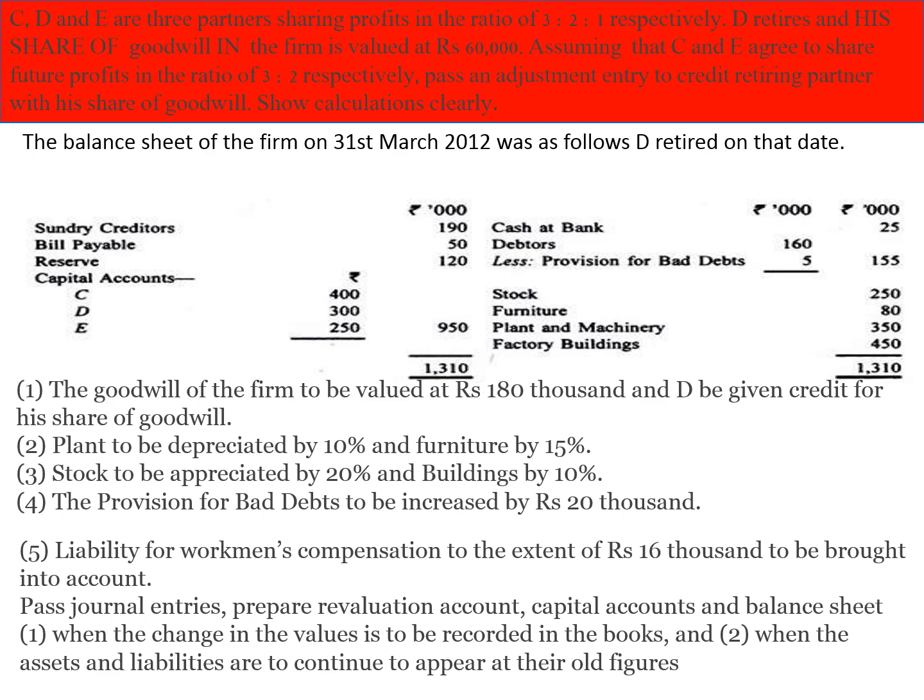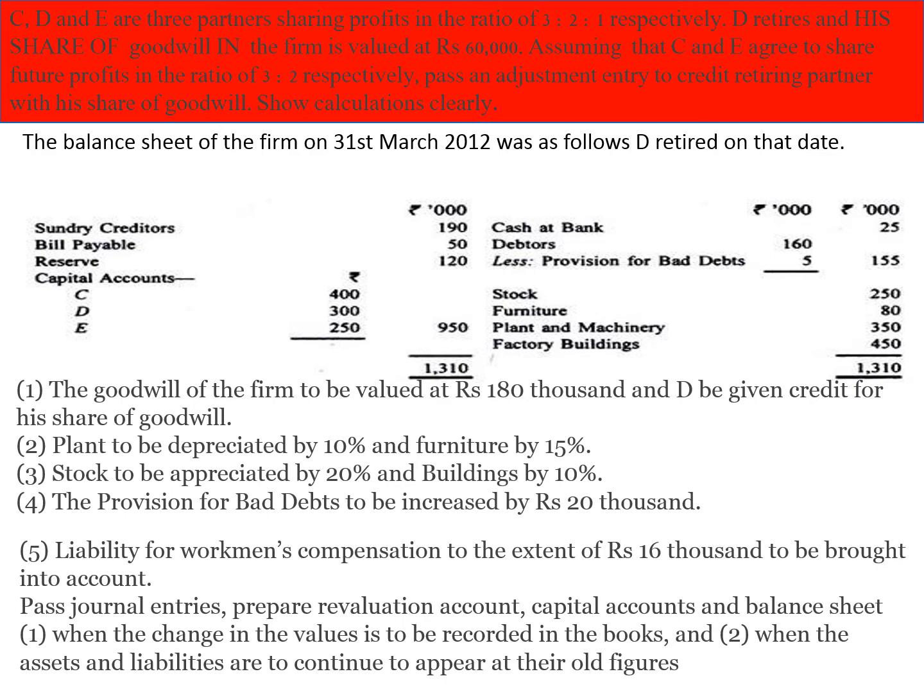Then cash at bank same, debtors 1,60,000, less provision 5,000, 1,55,000, stock 2,50,000, furniture 80,000, plant and machinery 3,50,000, factory building 4,50,000. So both sides of the balance sheet will come 13,10,000. So here you have to take care of that.